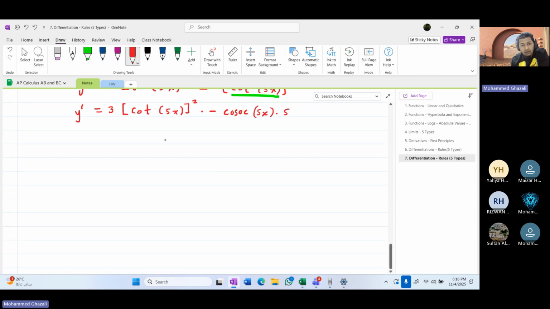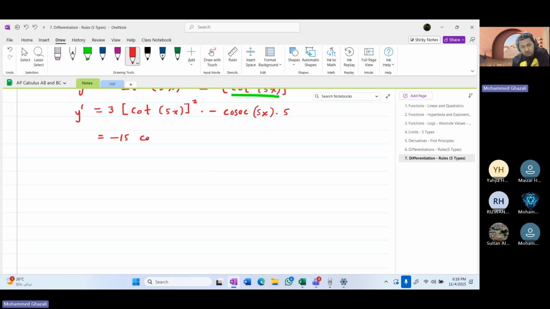Are we good? Now we have to simplify this and put it in a neater form. So 3 times negative 5 is negative 15, cot 5x all squared. Cot is cos over sine, and cosec is, okay, that's not going to help us.